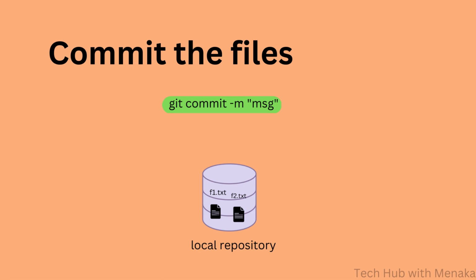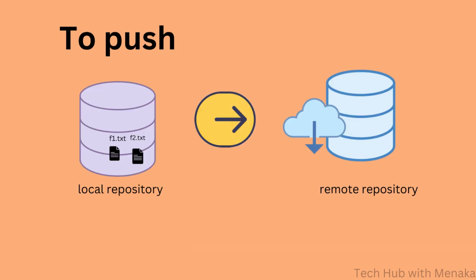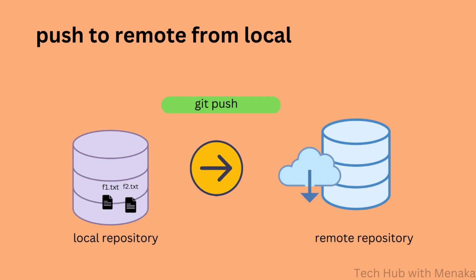After the commit, these two files will be available in our local repository as well. Once that is done, only then can we push our two empty files, f1.txt and f2.txt, into the git global repository, that is the remote repository, which is available in the cloud.